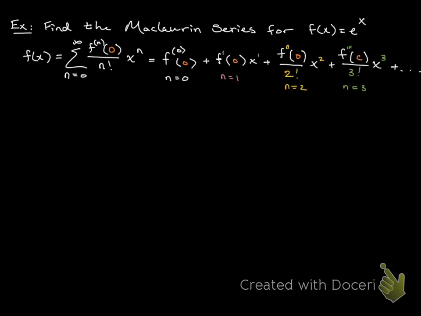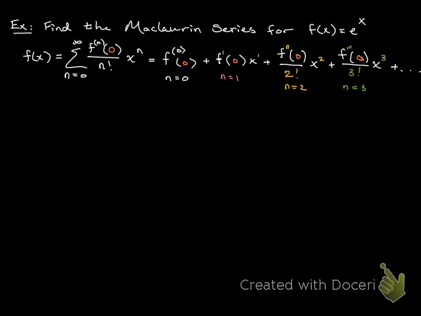The function is given by the summation of the n derivatives there, evaluated at 0, divided by n factorial times x to the n. Cool. So what I really need to do is find the 0th derivative at 0, the first derivative at 0, the second derivative at 0, so on and so forth. And actually that third one there has a c that should be a 0. I'm sorry about that.